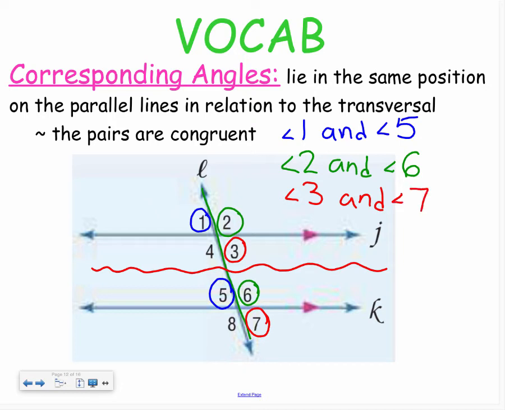And finally we have 4 and 8. So each of the 4 angles has a corresponding angle for the other parallel line.